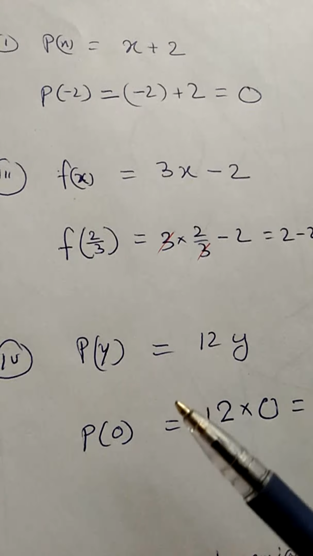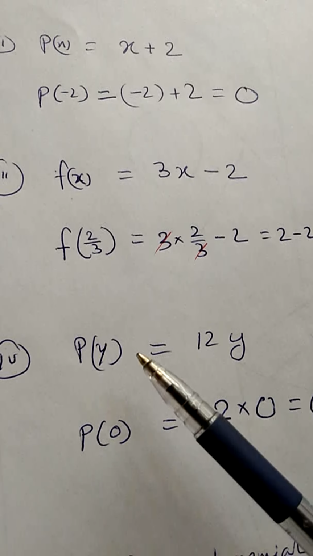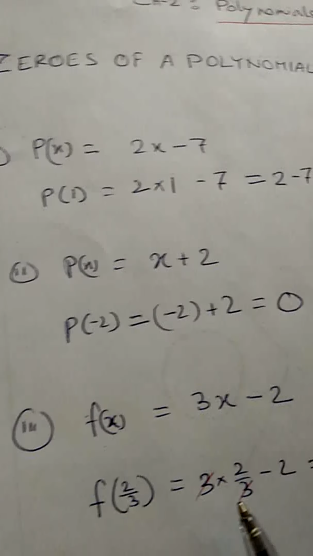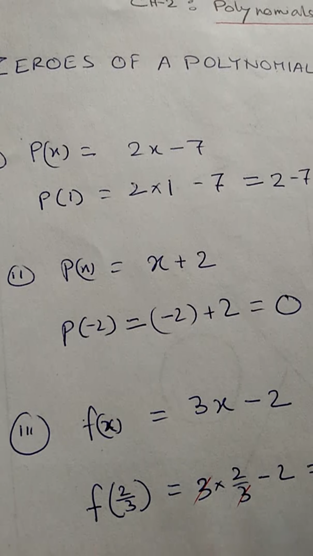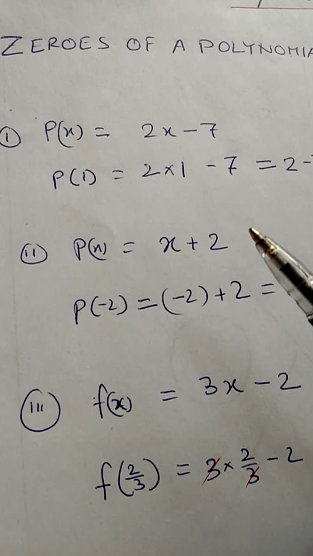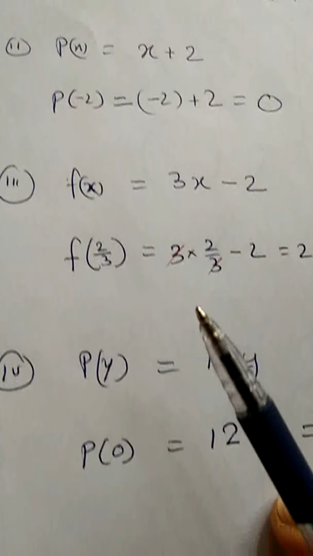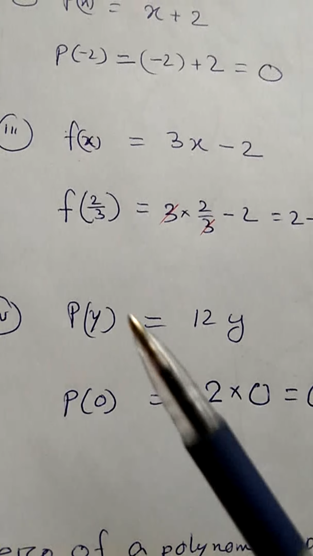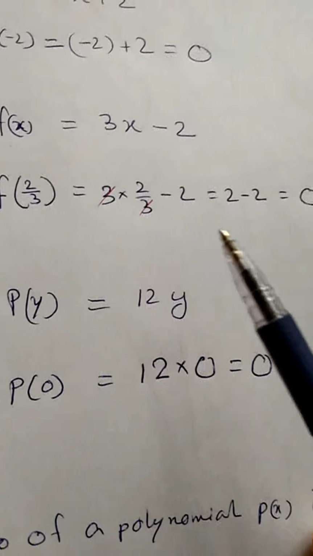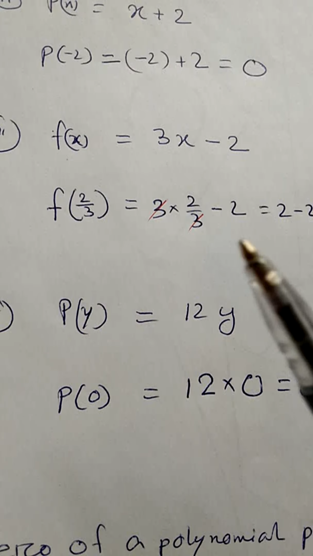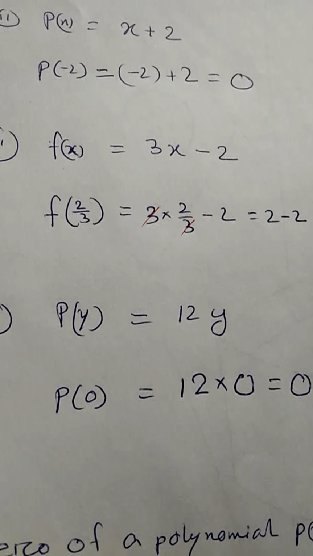And for this polynomial, 0 itself is a zero. So a zero of a polynomial is not only 0, actually it is one number. That number can be positive, it can be negative, it can be a fraction, and it can be 0 also. For that particular number, after simplifying, the polynomial becomes 0, and that is why that number is known as a zero of that polynomial.